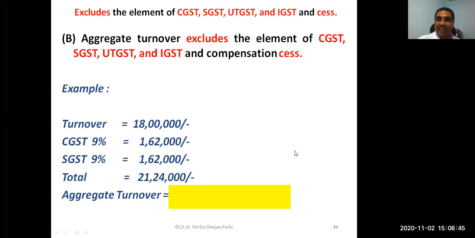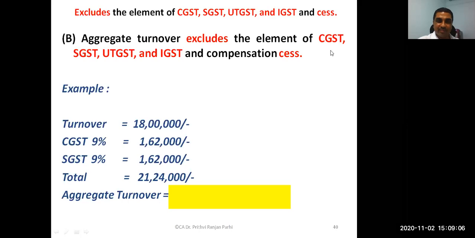Can you tell me what is aggregate turnover in this situation? Now, specifically, I will be asking you what is aggregate turnover. Raj, can you tell me?